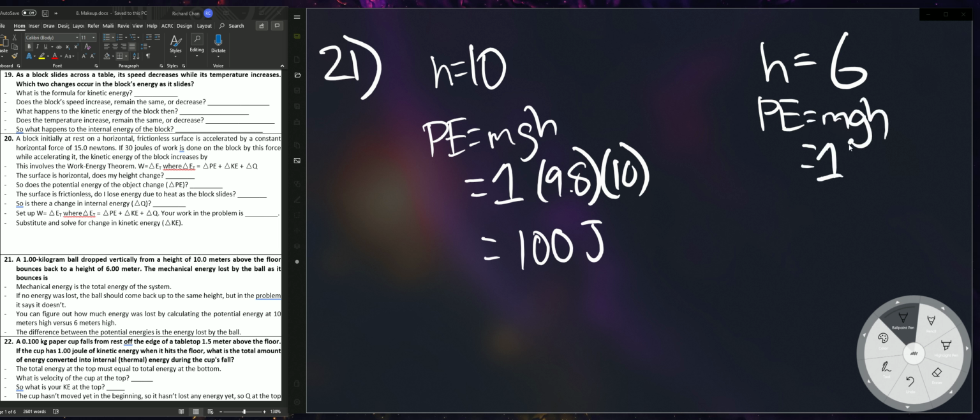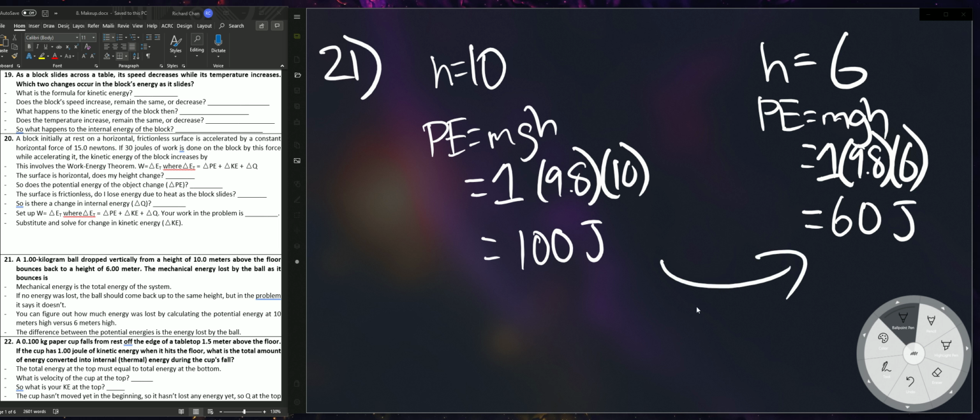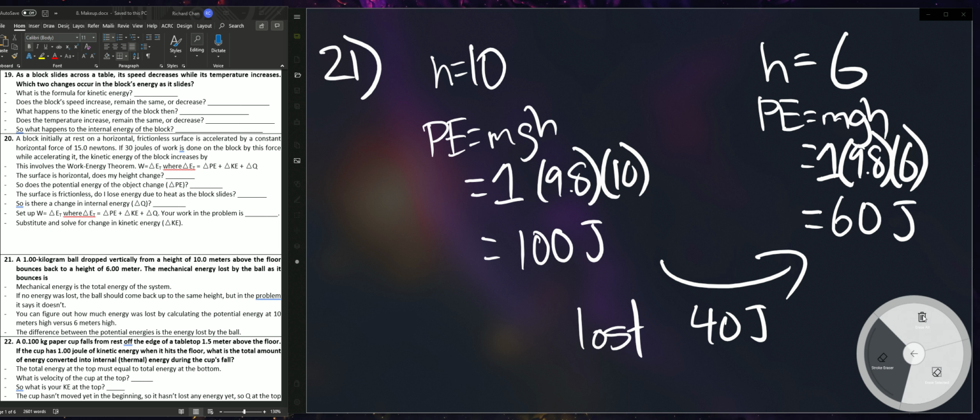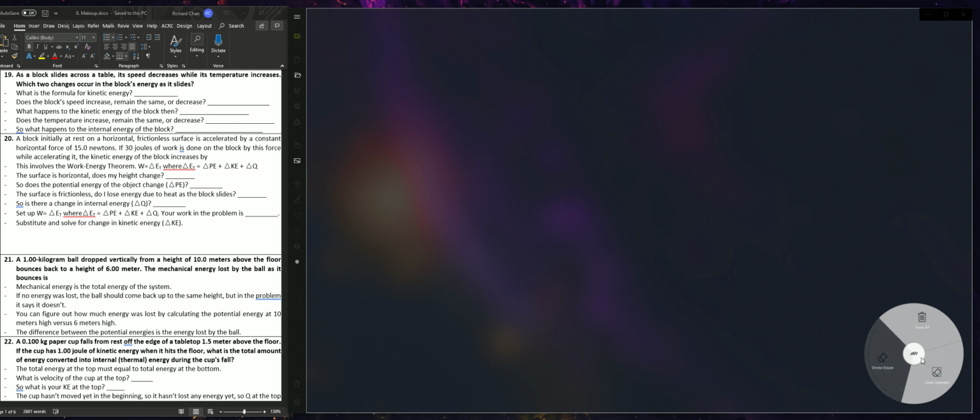My mass is still 1, my gravity is still 9.8, and my height is 6 this time. So again, rounding 9.8 to 10, 1 times 10 times 6 gives me 60 joules. Well, I lost 40 joules here. So that is the lost energy.